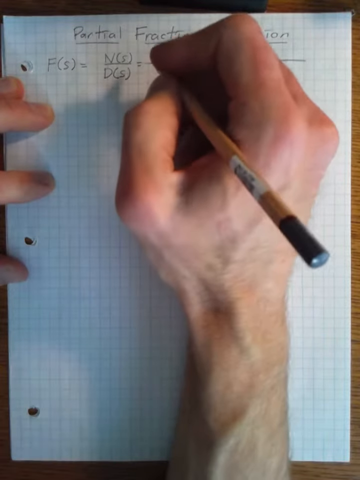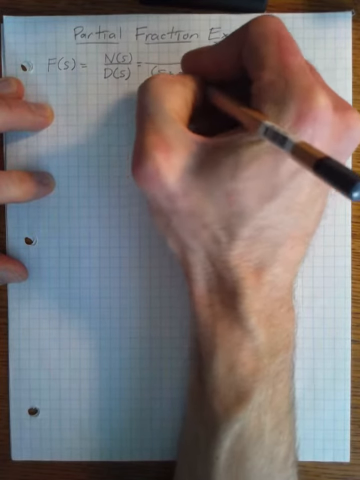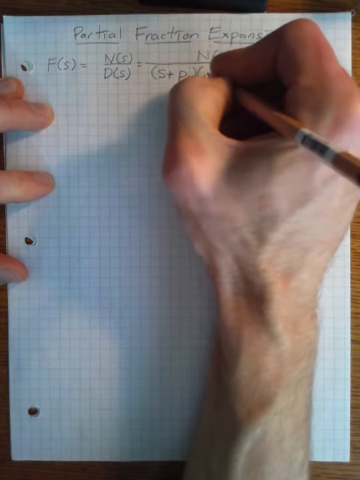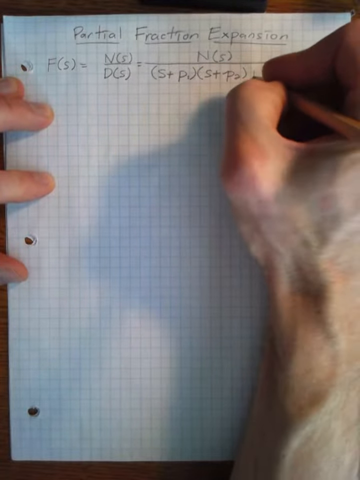An example is when we have a denominator that consists of the product of a number of terms.